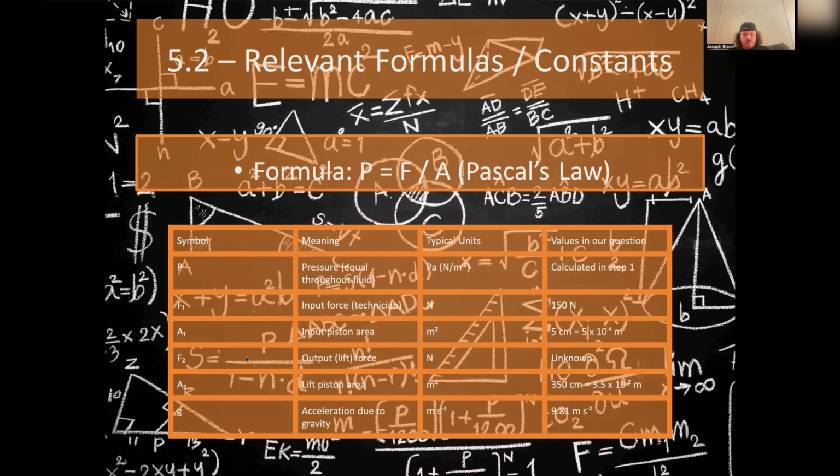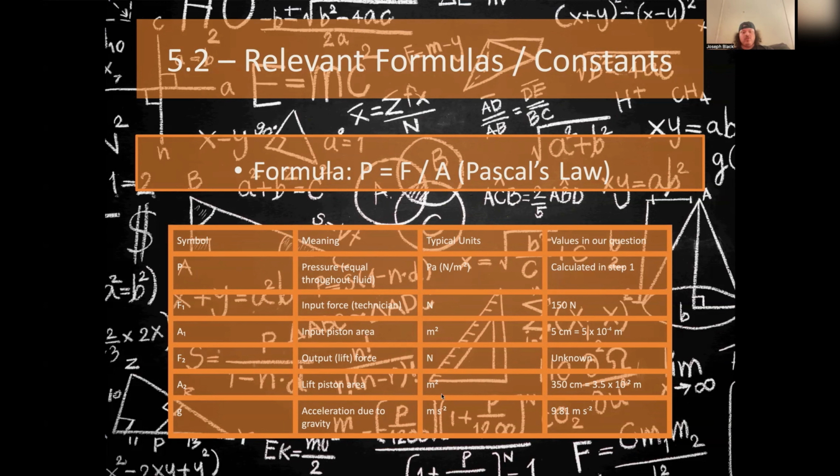F2 is our output lift force on the car end. This is also going to be displayed in newtons, and this is our unknown variable we are solving for. A2 is going to be the lift piston area that lifts the car up.